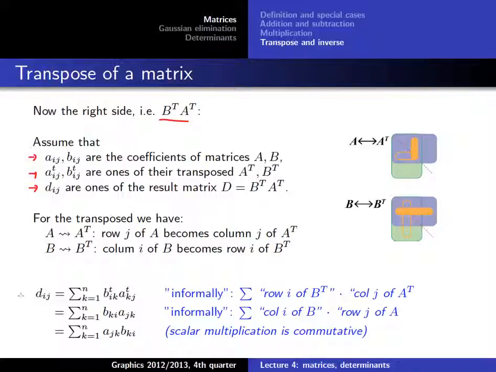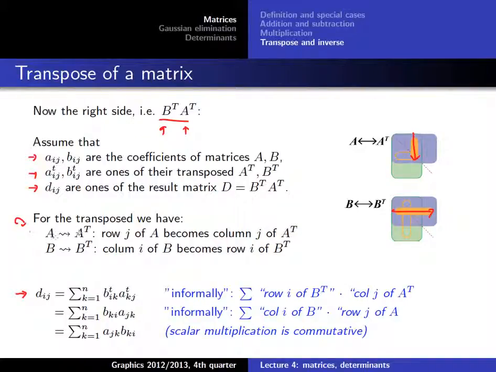Now, if you write that down, what you do is you go through the row of B transpose, because that is your first one here, multiply that with the values in the column of the second one, which is A transposed here, and then you have your entry here. Now, if you think about what values are in here, let's see why I have written this one here.